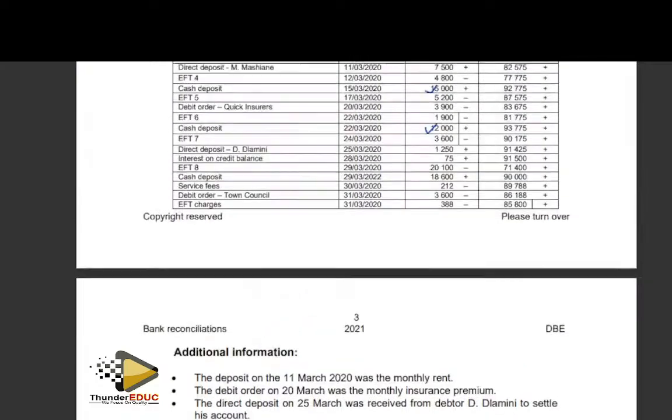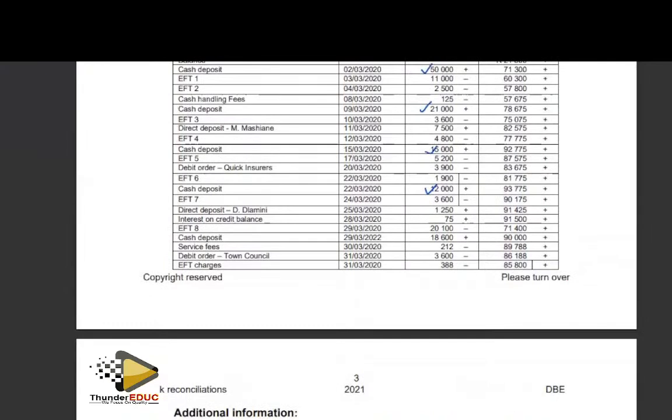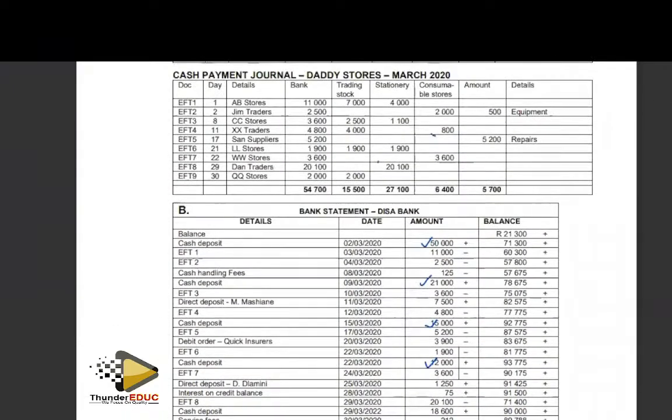Then we have another plus. This one, 1,250. Okay, there is another one here which we never saw in the cash receipts journal, the 70,500.